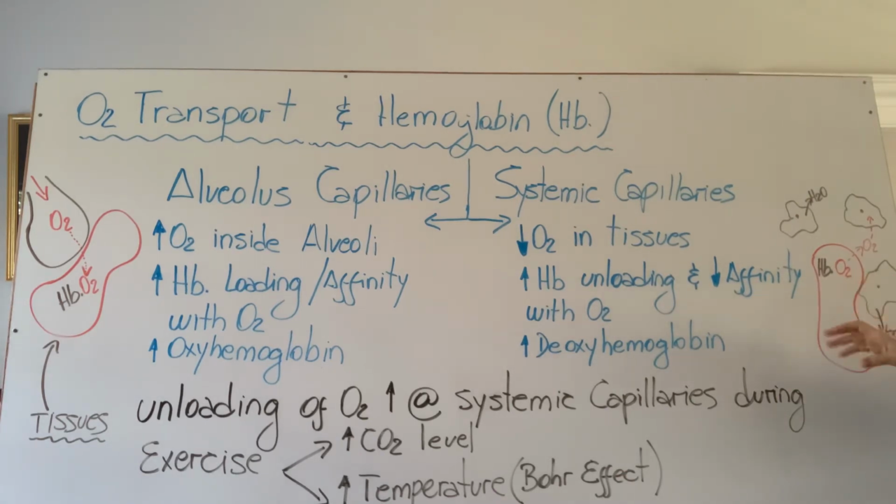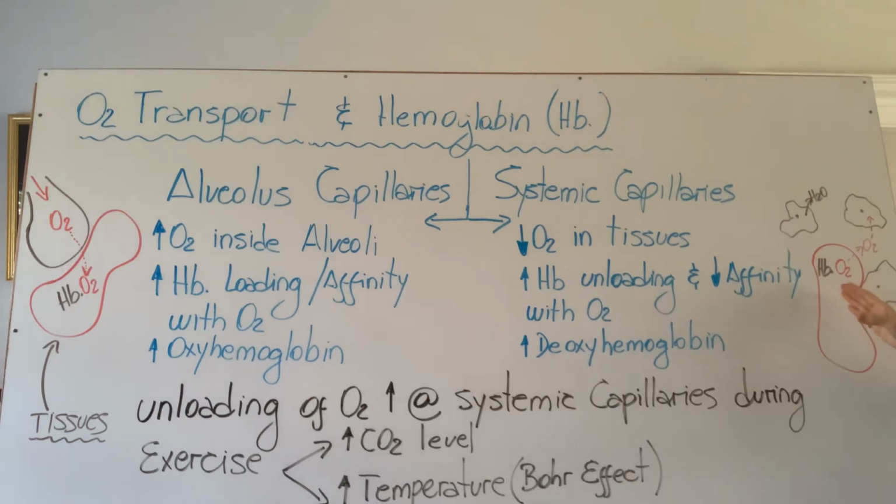Now, what happened? We have oxyhemoglobin over here, so we have the hemoglobin bonded with oxygen. Now, because again, gases move from higher pressure to lower pressure, and because this erythrocyte is charged with the maximum amount of oxygen, the pressure of oxygen is higher inside the capillary than in the interstitial fluid.